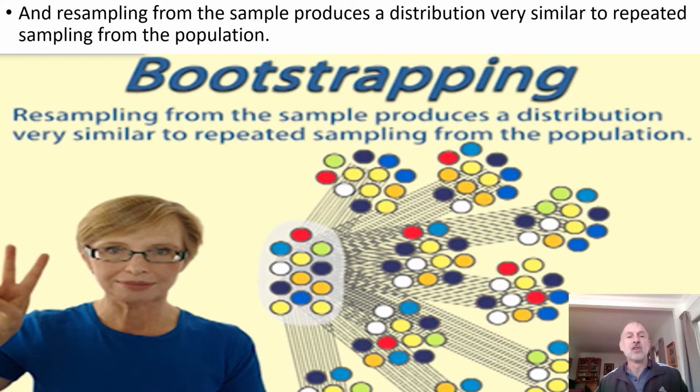Okay? So bootstrapping, resampling from the sample produces a distribution very similar to repeated sampling from the population. As long as you can see that bootstrapping is resampling from the sample. And we do it repeatedly.